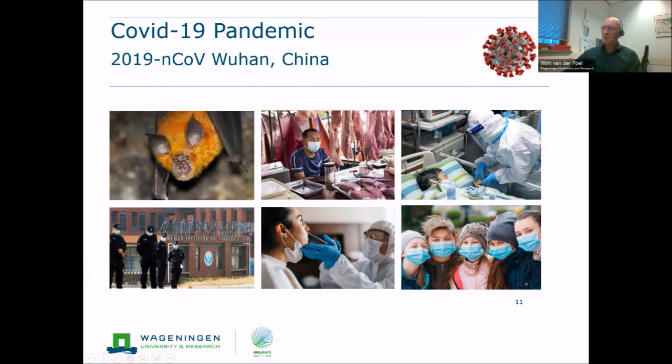There was discussion about the work of the Wuhan Institute of Virology, and on the lower part of the slide you can see the sampling and also the protection that we are now using, the personal protection, to try to prevent from spreading the virus.